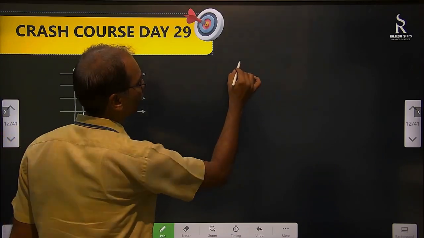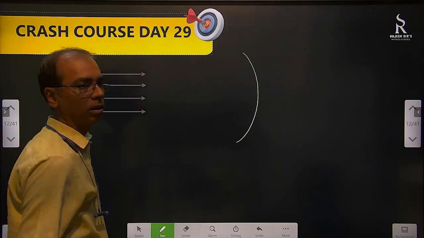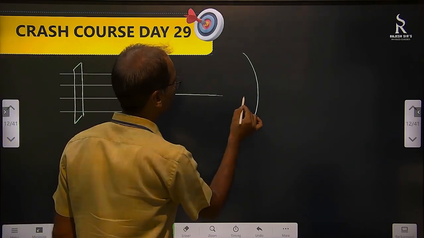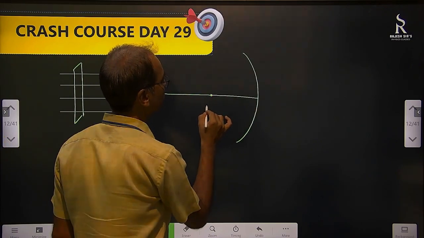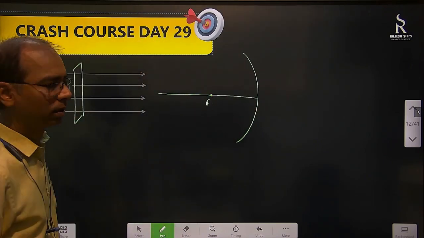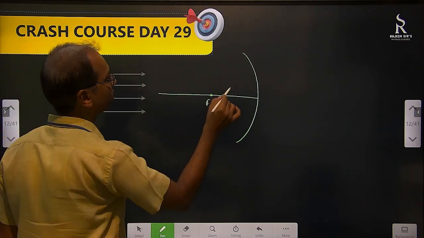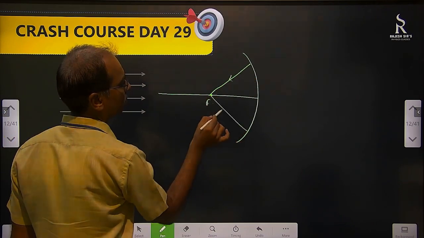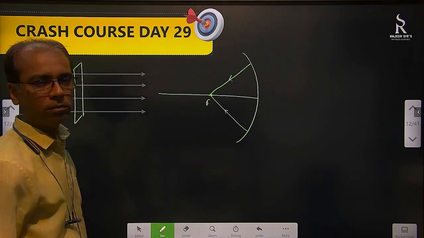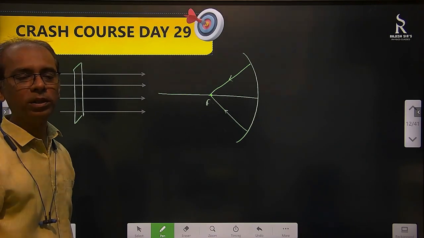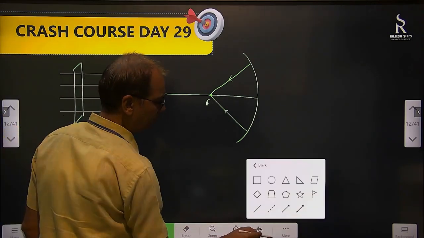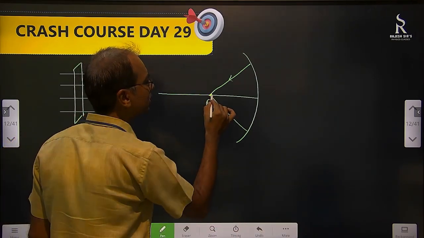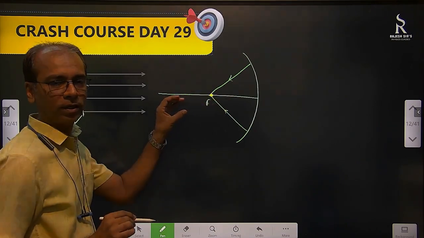Now suppose I keep one concave mirror. What will happen? These are rays coming from infinity. We know that they will converge at the focus. Yes or no? So I am making only these two over here. It will come in this way, and this will come in this way. So how will the wavefront be?